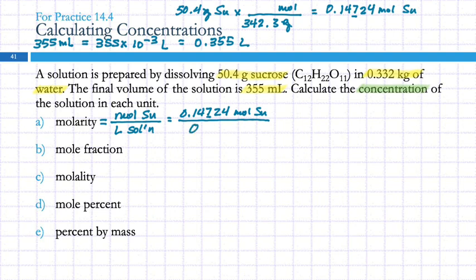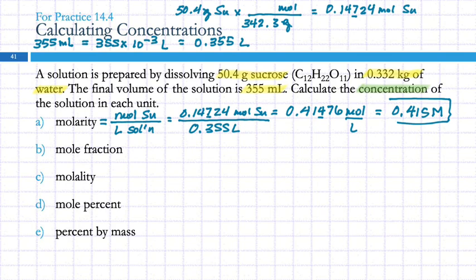So we'll divide by the volume in liters, 0.355 liters. And I'm going to get 0.41476 moles per liter, which would round to 0.415. And another way we can indicate those units is with the capital M. So the molarity is 0.415 moles per liter.